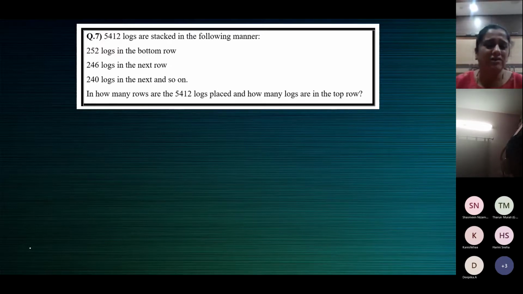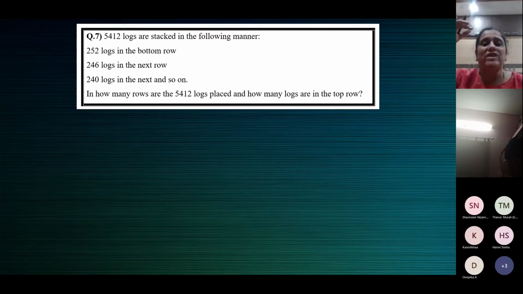I really cannot draw that, children, but you should imagine the bottom row will have the most logs, and then the rows above it will keep reducing. Like if the bottom row is 10, then above that will be 9, then 8, 7, 6.